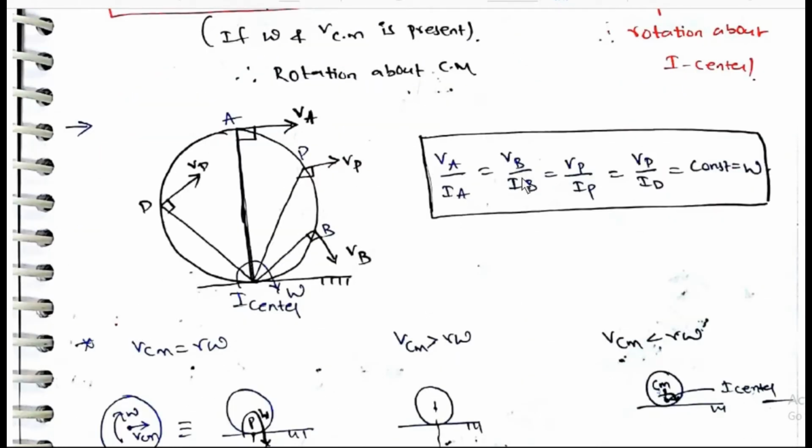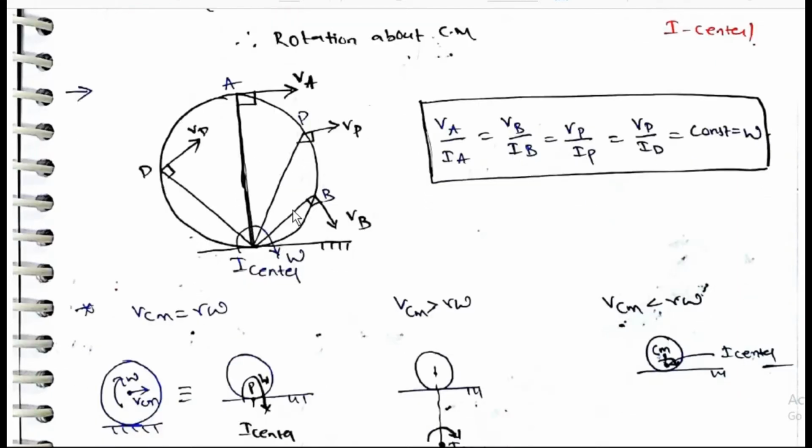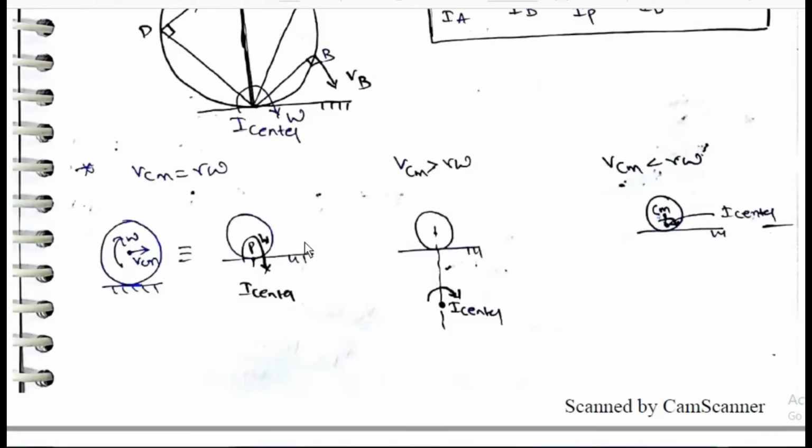VA by IA is equal to VB by IB is equal to VP by IP is equal to VD by ID is equal to omega. This is ID, IA, IP, perpendicular to the velocity vectors. If VCM is equal to R omega, on the point; VCM greater than R omega, outside at the common normal; VCM less than R omega, inside at the common normal I center.